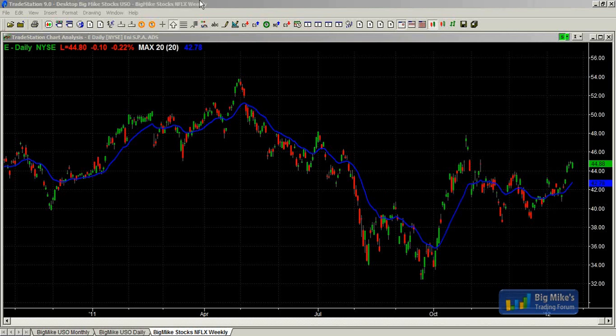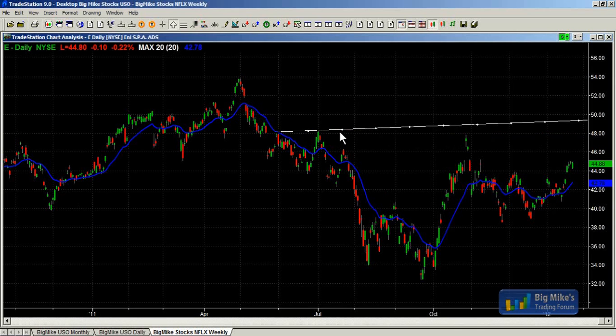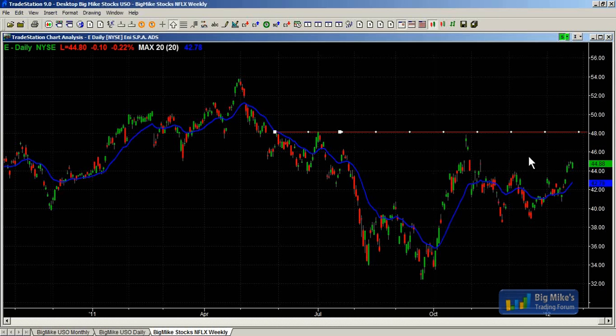To me, we're right near the top of the channel, and until we break above this resistance area, I'm assuming that the market will stay in here. So I personally would not be interested in buying GE. Also, so many other stocks look so much stronger that I personally would not be buying it. Is it a long? Yes, it's a long, but I don't think it's all that strong.